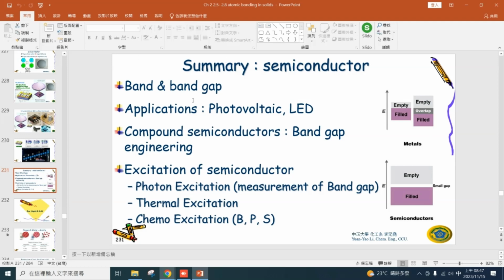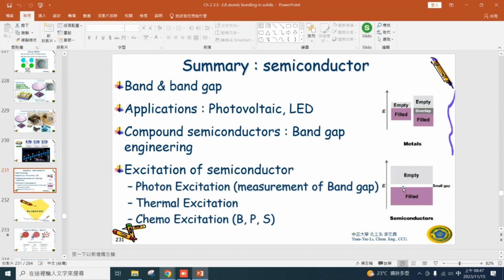Okay, the applications for semiconductors are photovoltaics and LEDs. That means that if we give photon energy to this semiconductor, the semiconductor will produce electricity. This is called photovoltaic. You know, we use solar panels, and this is an application for the semiconductor.